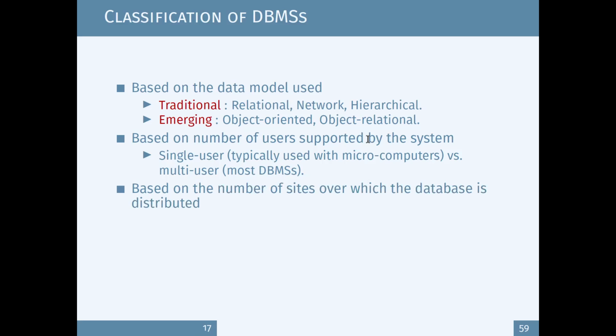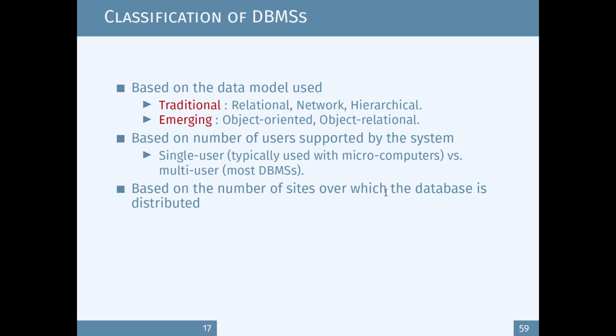Next, we can classify based on the number of sites the database is distributed across. Now you know that when you are accessing data, for example, when you do a Google search, you get millions of results, the records, within a fraction of a second. If you look at how this is possible, the data is coming from multiple different sites.